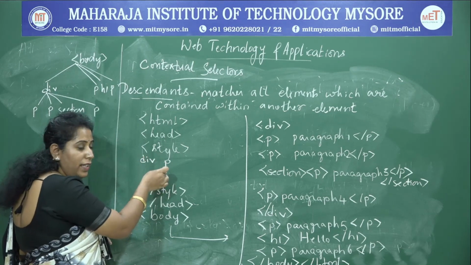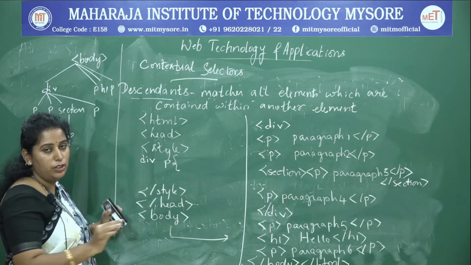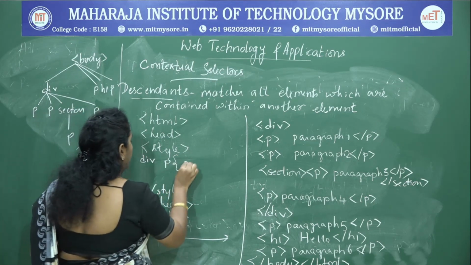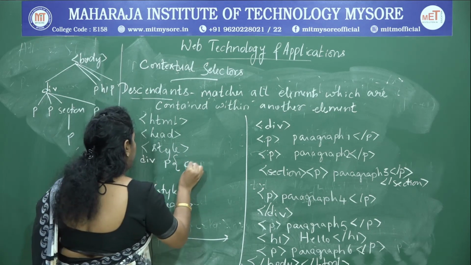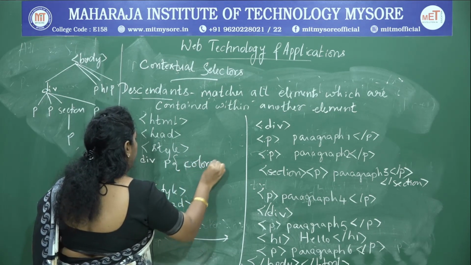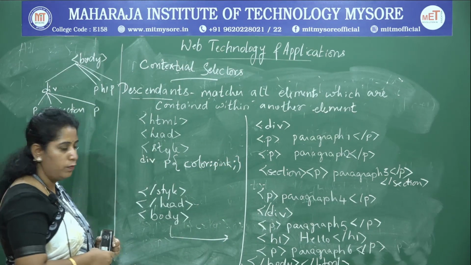In those descendants, if it has P as a descendant, for that you have to set the rules. I will say color pink. I am setting the style rule.